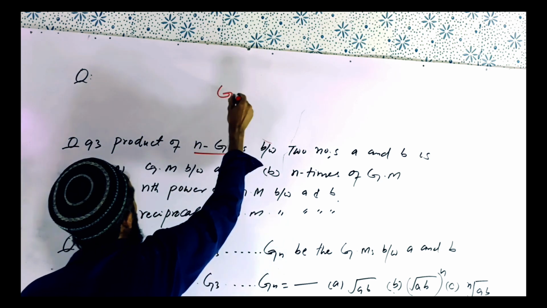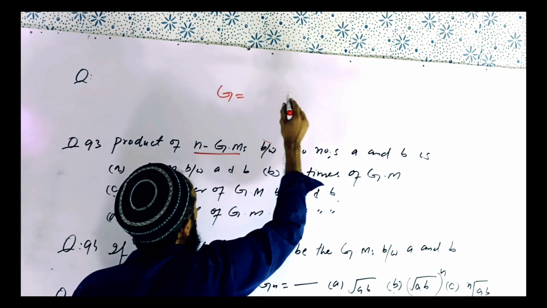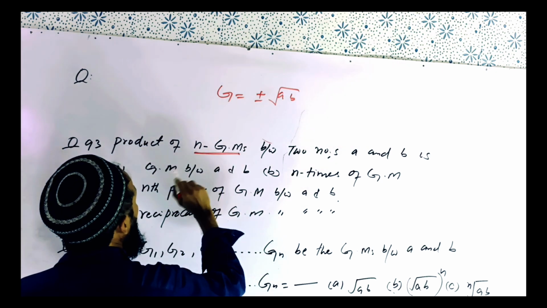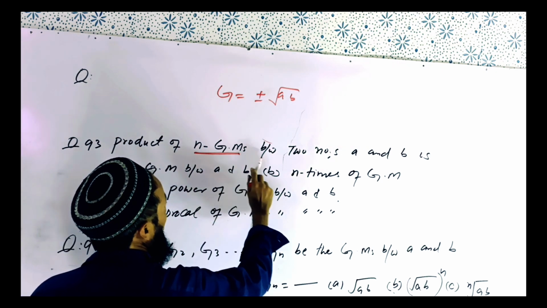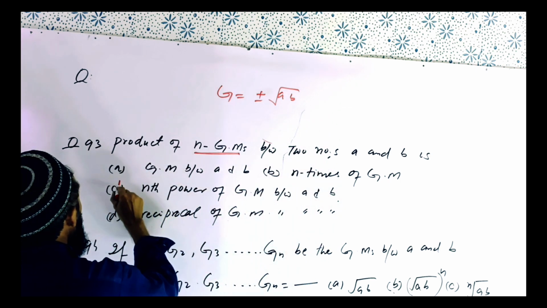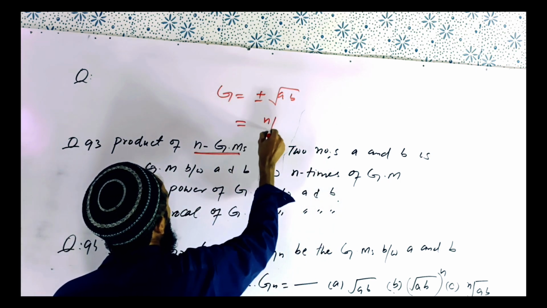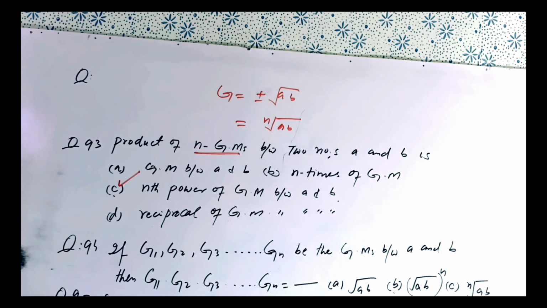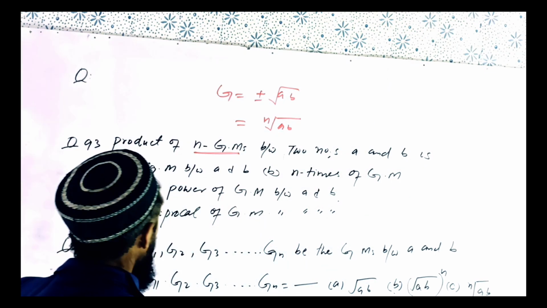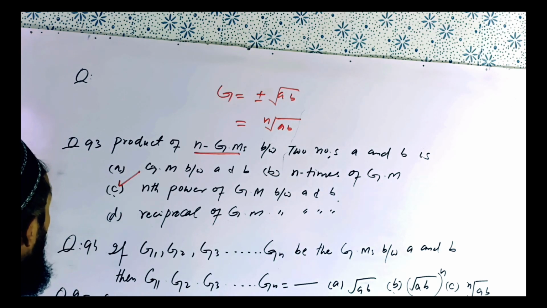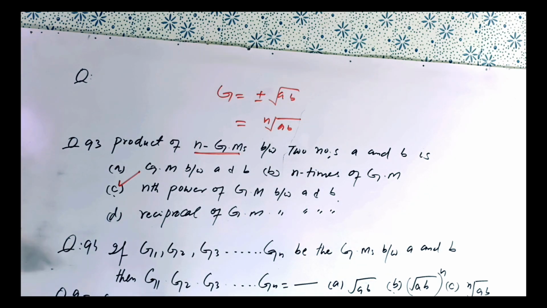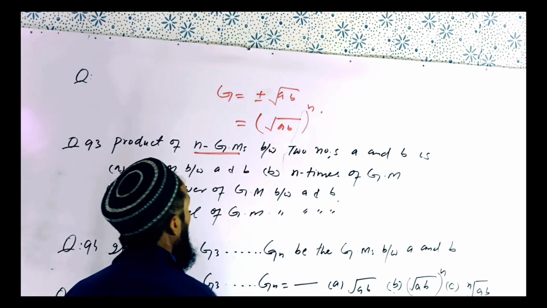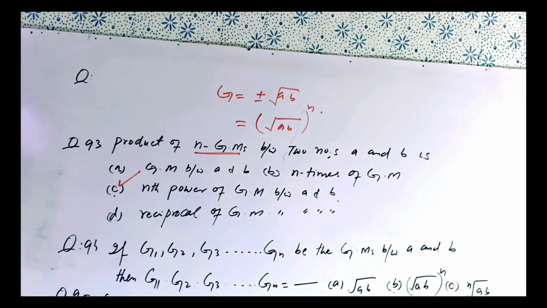We know that the geometric mean between two numbers is plus or minus the square root of ab. So for n geometric means between a and b, the product is the nth power of the square root of ab.